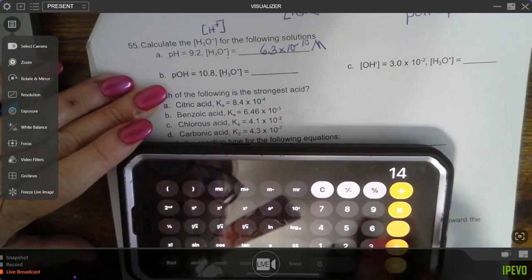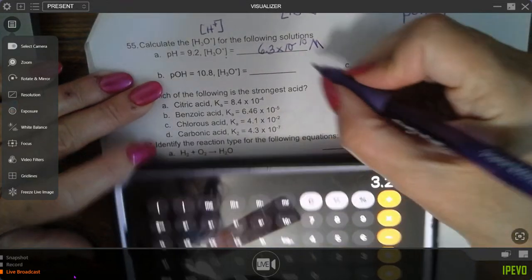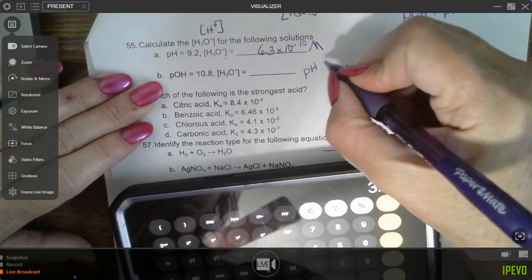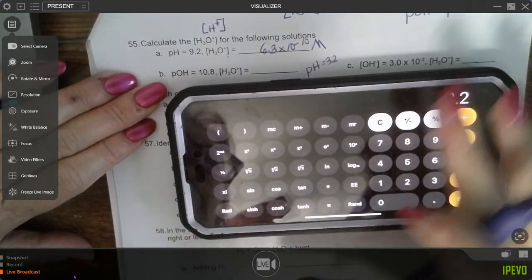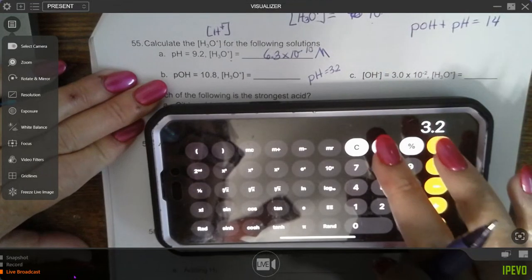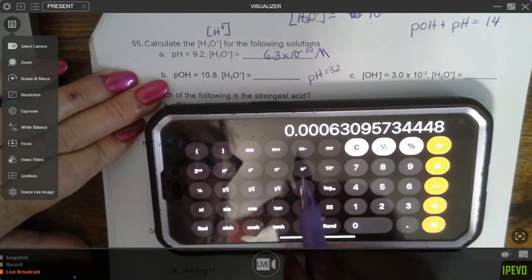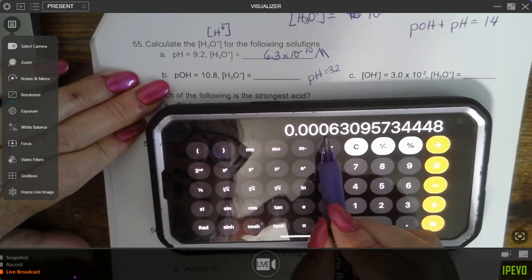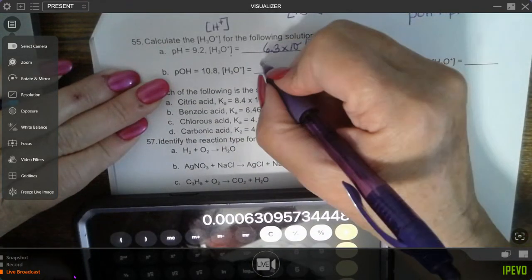So 14 minus 10.8, this has a pH of 3.2. I'm going to do the same thing: 10 raised to the negative pH. So negative 3.2 is 6.3 times 10 to the negative 4.